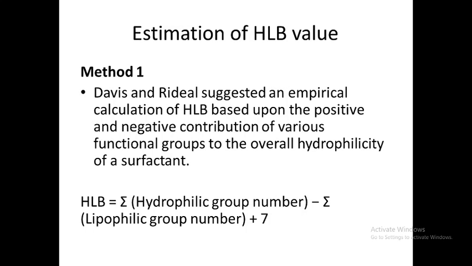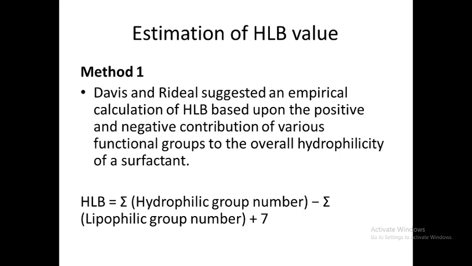Right? Now those functional groups which contribute to the hydrophilicity of a surfactant can be called a positive contribution towards the hydrophilicity. Those functional groups which contribute to the lipophilicity of a surfactant can be called a negative contribution towards the hydrophilicity, right?